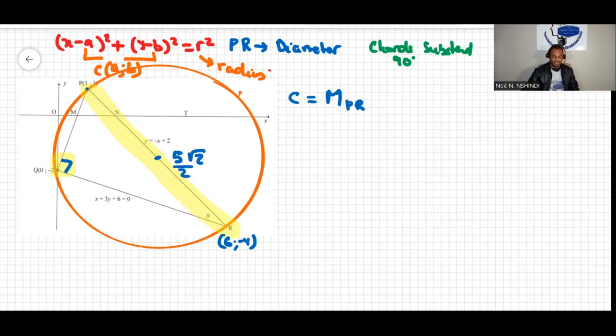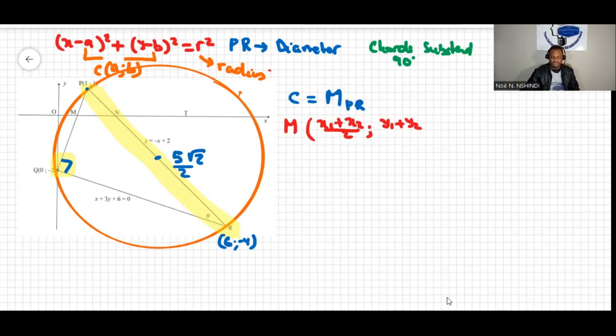The midpoint is given by (x1 plus x2) over 2, and (y1 plus y2) over 2.